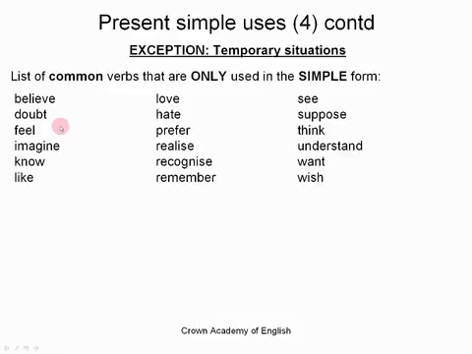I'll go through them just so that you have the correct pronunciation. So we have believe, doubt, feel, imagine, know, like, love, hate, prefer, realize, recognize, remember, see, suppose, think, understand, want, and wish.